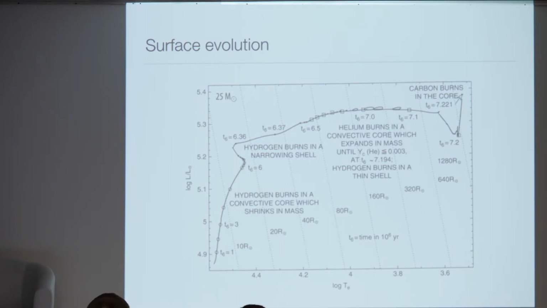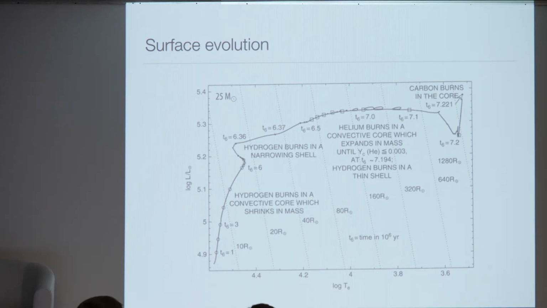So the adjustment to the new configuration occurs very rapidly. This is why we don't observe many stars here in the Hertzsprung-Russell diagram, because the stars pass very rapidly from the main sequence to the giant branch. This is very important to realize.